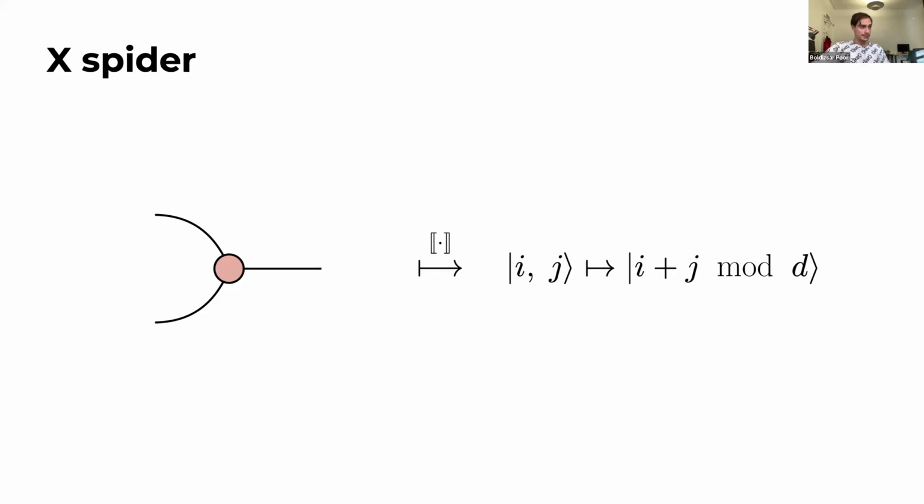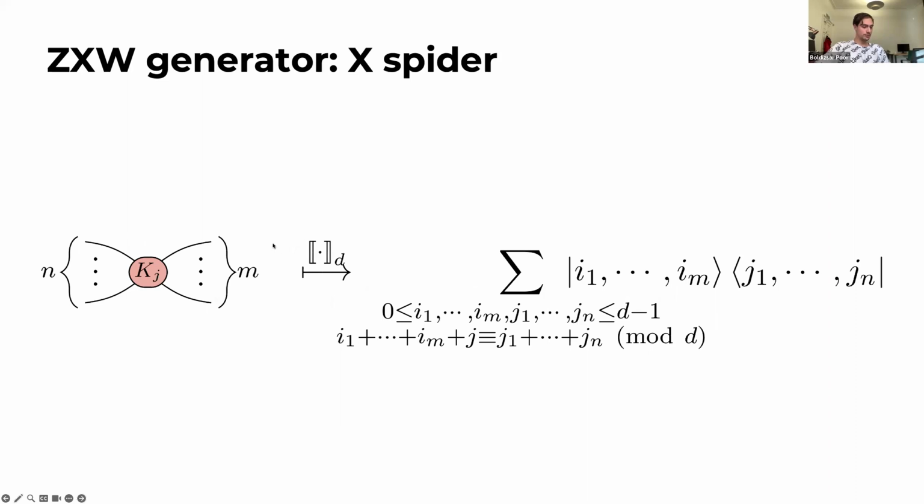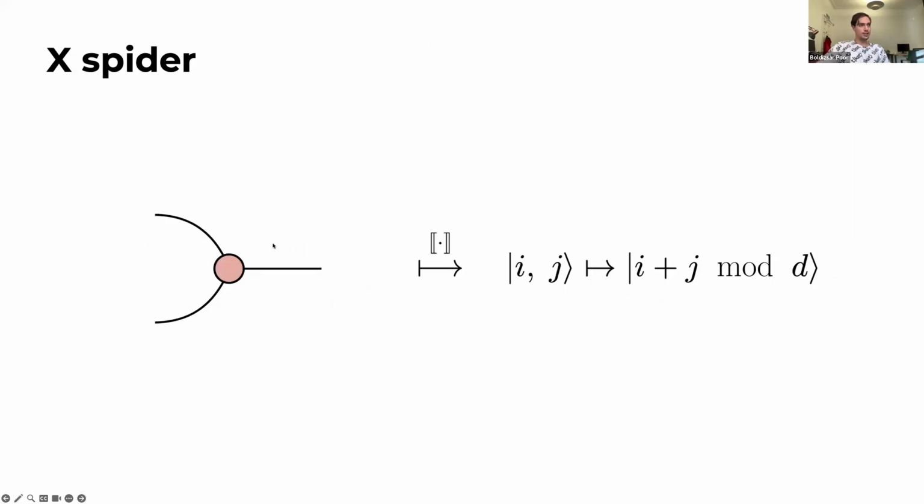So we have Z and X. The X spider is kind of like an addition. So if you input ket i and ket j, then you get ket i plus j, but we live in a d-dimensional wire, so you need to take it modulo d. If it goes up, then it's going to be cut down at the end, just restart the cycle.